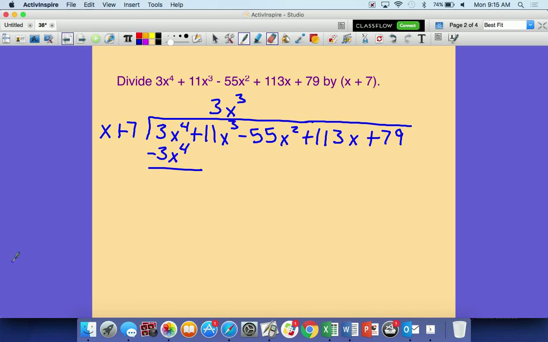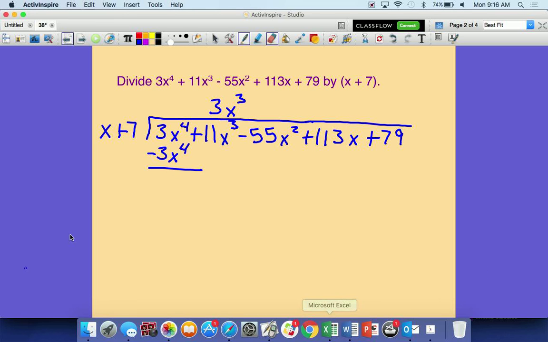Alright, now a couple things to realize. First, I put this 3x cubed above the x cubed. It's just to keep us organized. The more organized you can be with this, the easier it's going to be for you. Because then as we go across here, whenever we come down here and we have a remainder, whatever is left over once we get here has to be our remainder, so that goes up in the numerator.